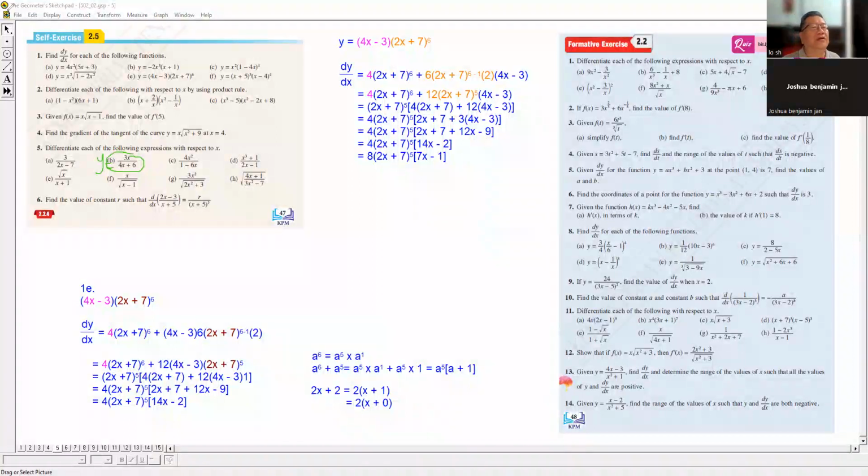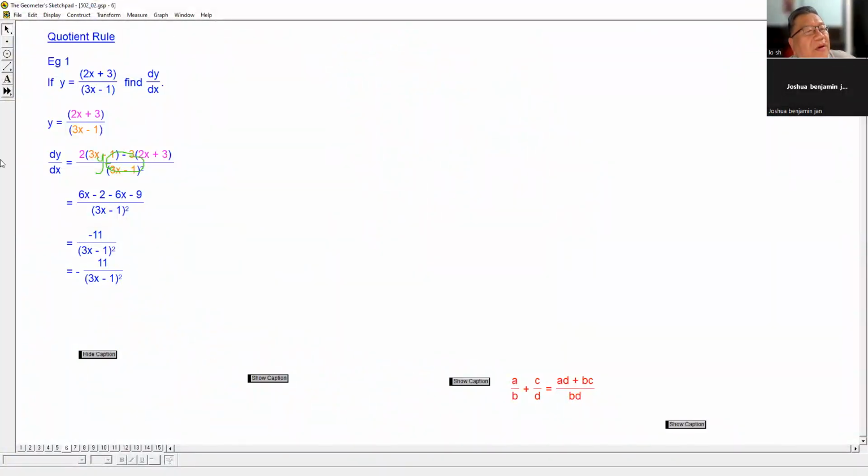Right? You try, then you show me. You want to refer, you refer to this example here.